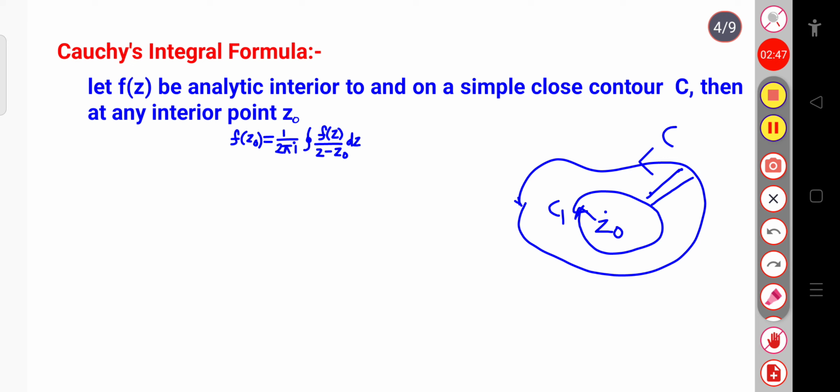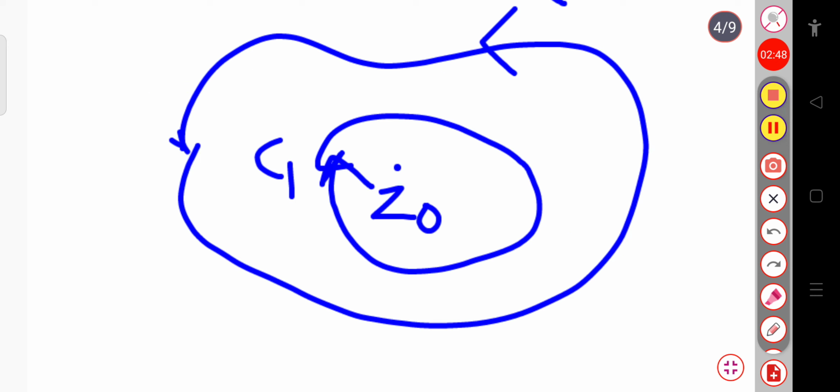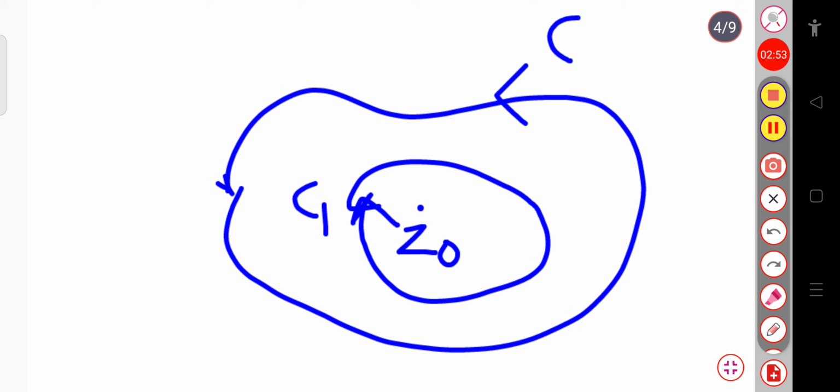So, now this multiply connected region can be converted to the simply connected region. When there are two different contours, C and C1, the region between them is called the multiply connected region. If I draw two cross cuts to join C1 with C, then what will happen?